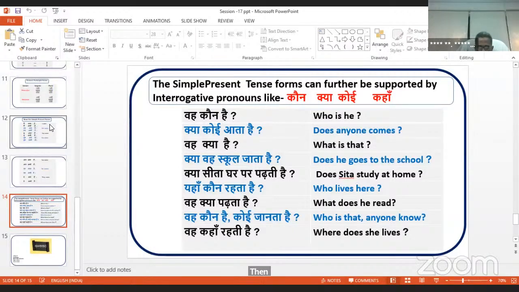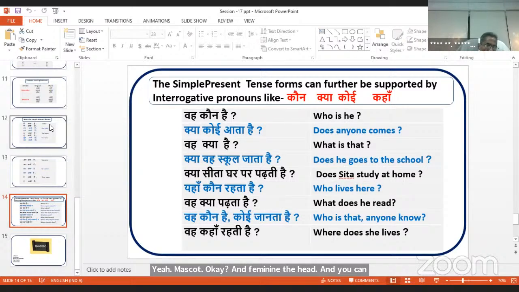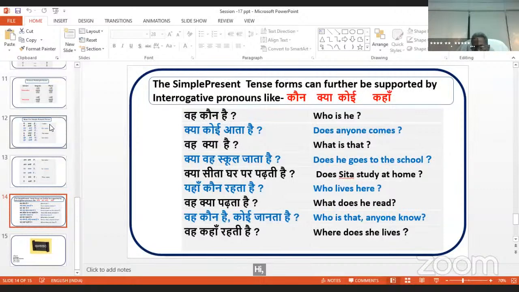In masculine, ता है, and feminine, ती है, and in plural, ते हैं and ती हैं. Ram आता है, सीता आती है. राम और लक्ष्मण आते हैं. सीता और लक्ष्मी आती हैं.